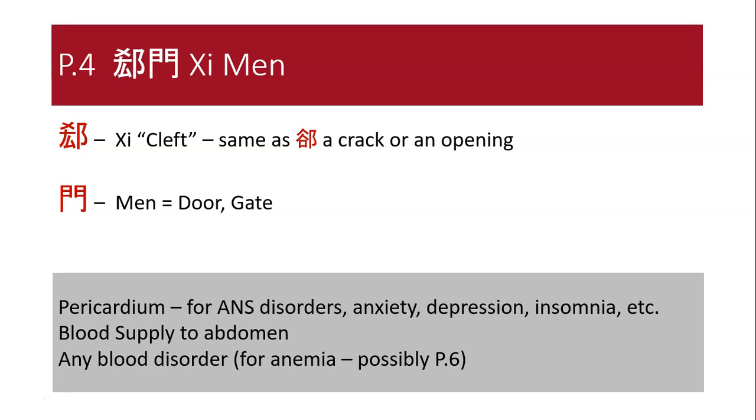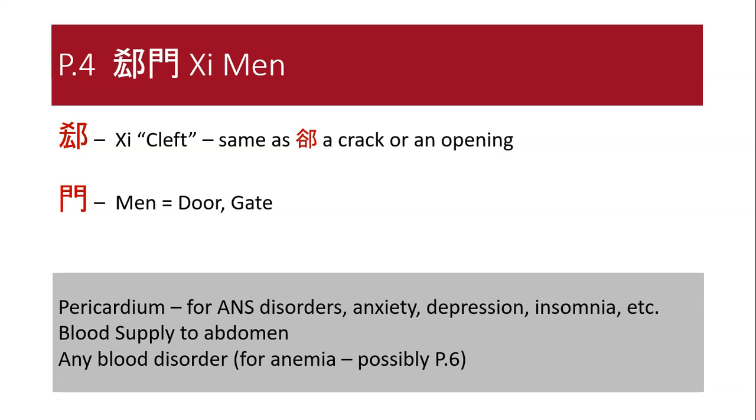However, if pericardium 8 is not painful, you can use pericardium 4 or pericardium 6. And I tend to use pericardium 4 more often than pericardium 6, partially because it's more convenient to needle. You can check which one does a better job by which one releases more of the neck. Okay? So this is a point that's considered to bring blood into the abdomen.